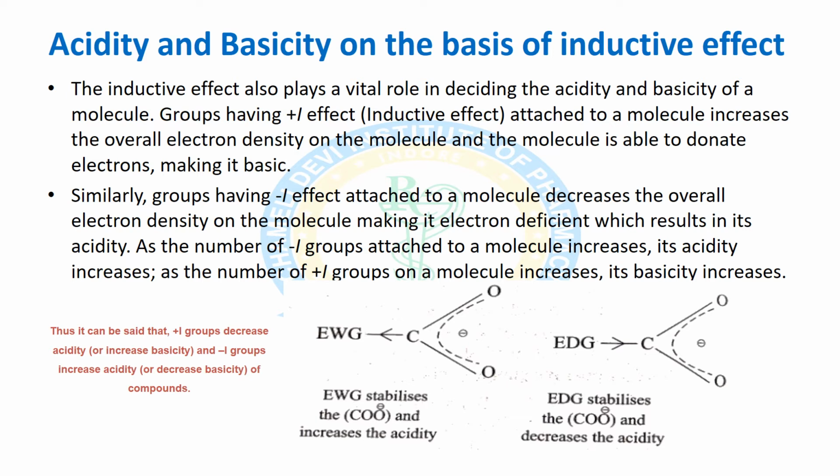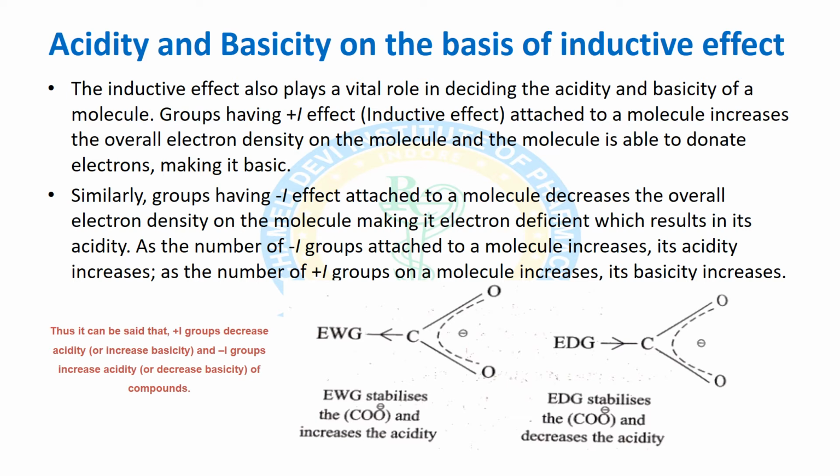Whenever there is an electron withdrawing group, the carbon atom has some pull towards it, and because of this there would be chances that the COH would be in the form of CO minus because of the electron withdrawing effect of the groups attached to the carboxyl group.